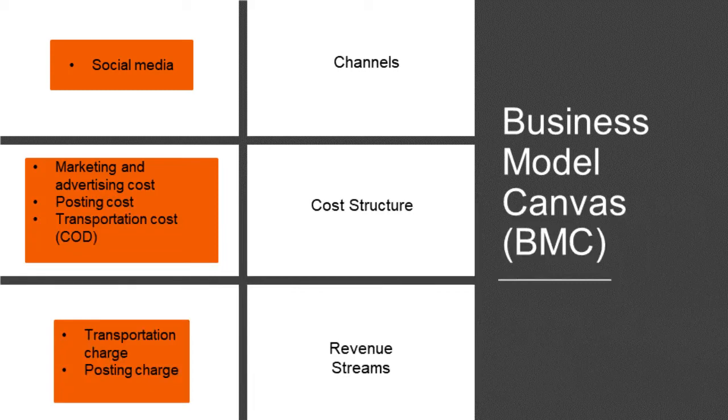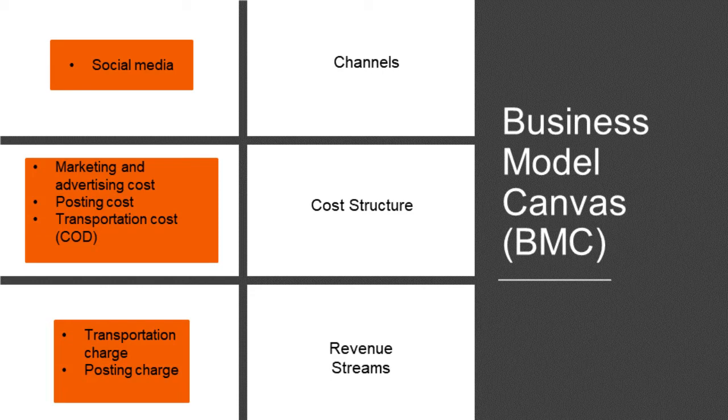Therefore, the cost structure for Corndog Frozen by Ida includes marketing and advertising costs. Besides, posting costs are also provided by Corndog Frozen by Ida, for customers who cannot buy through COD and self-pickup. Other than that, transportation is also one of the costs incurred by Corndog Frozen by Ida. This cost is charged according to the place of destination of the customers.